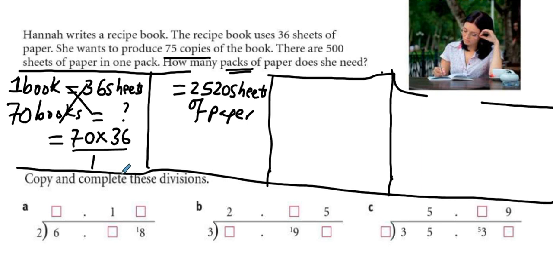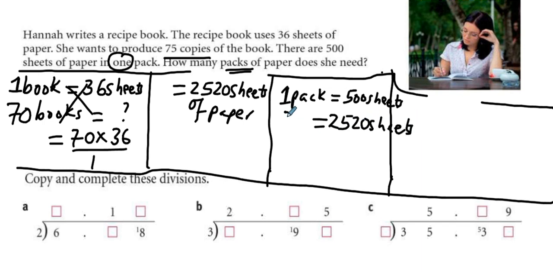Now, this says there are 500 sheets of paper in one pack. One pack has 500 sheets of paper, but we have 2520 sheets.